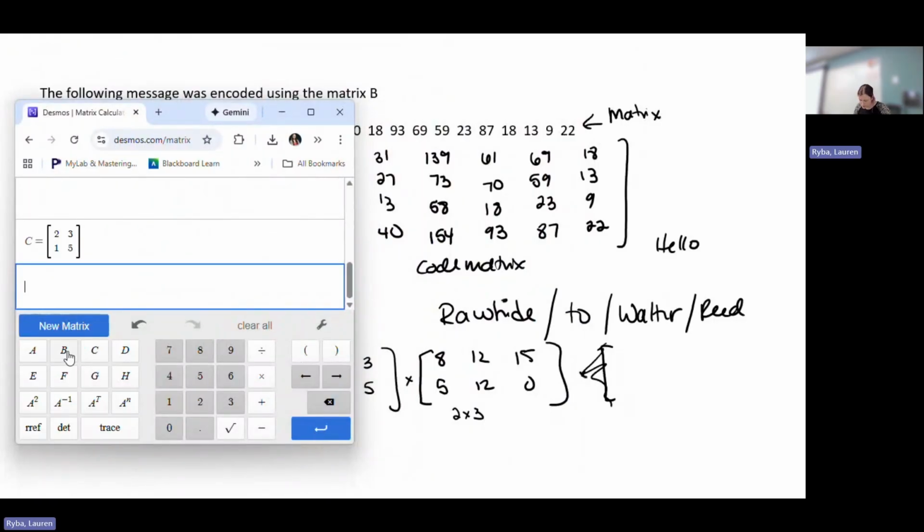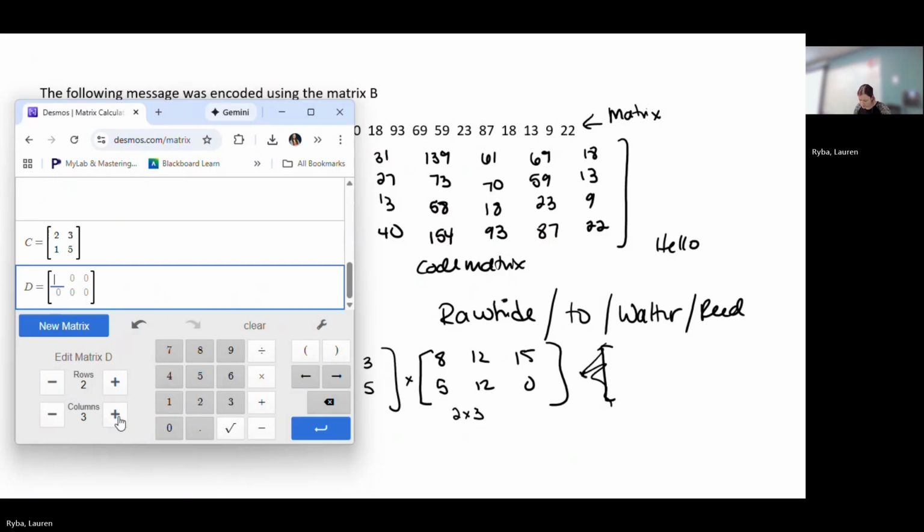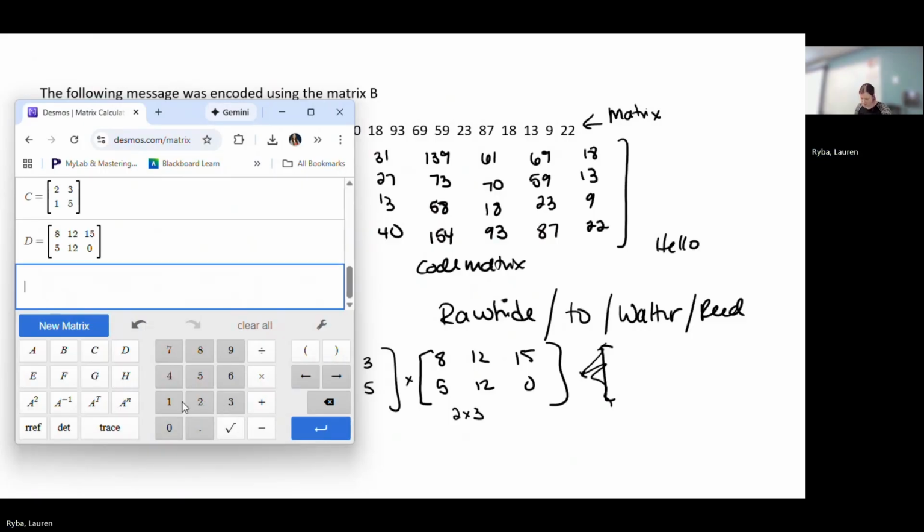Okay, my matrix. It's an extra column. 8, 12, 15, 5, 12. What is going on? So if I took C times D, that is what I would send you. Okay?